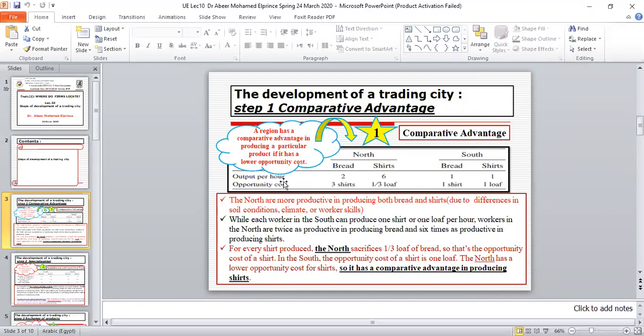So it has a lower opportunity cost in producing shirts, so it has a comparative advantage in producing shirts, while South produces 1 bread or 1 shirt per hour.